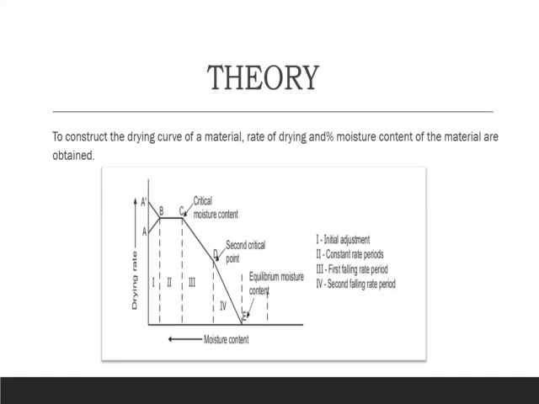The next phase will be the second falling rate period. This is the fourth phase, from D to E, called the second falling rate period. At the end of the first falling rate period, the rate of drying falls even more rapidly, and the surface is assumed to be dry.